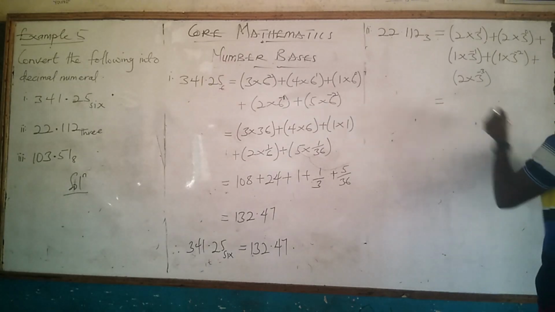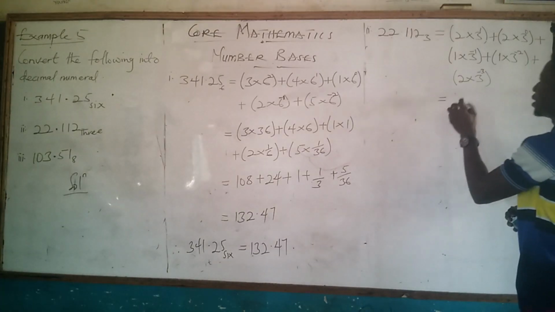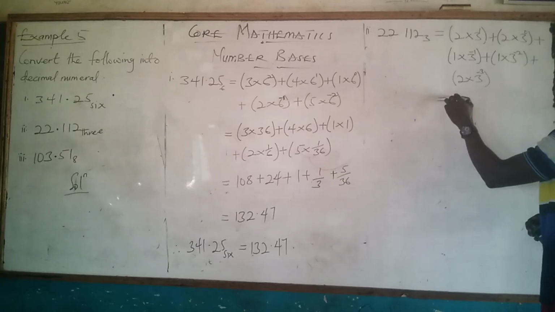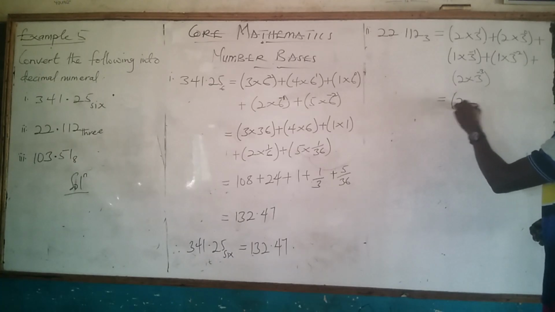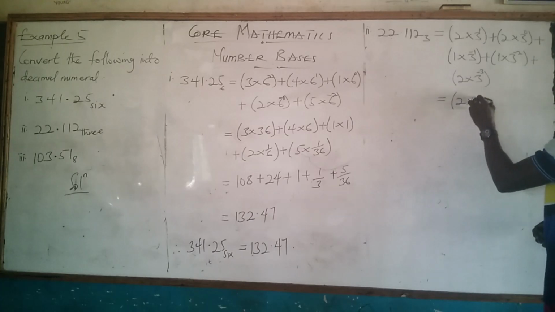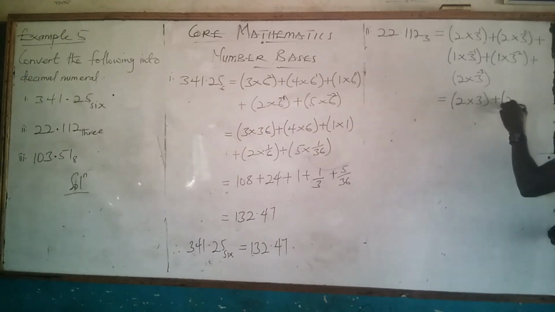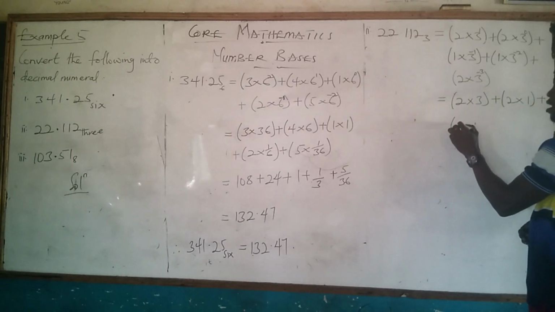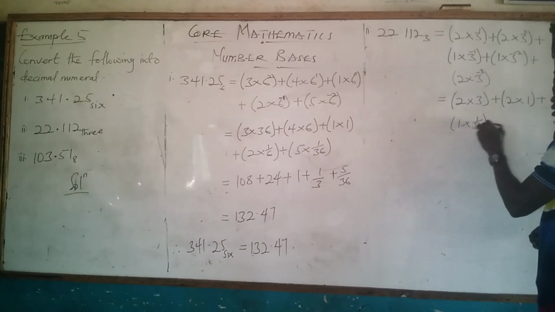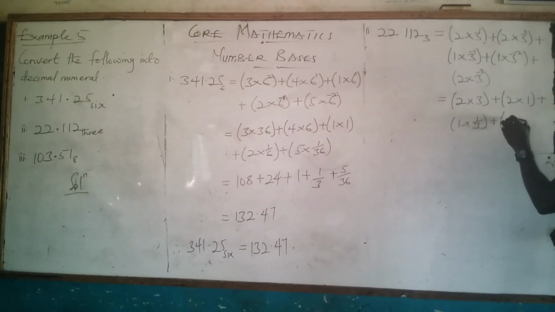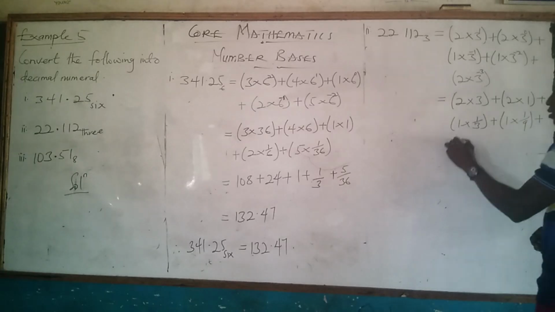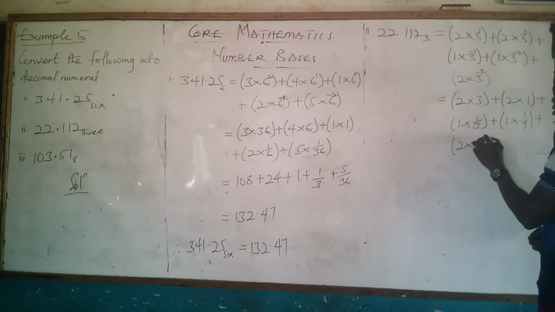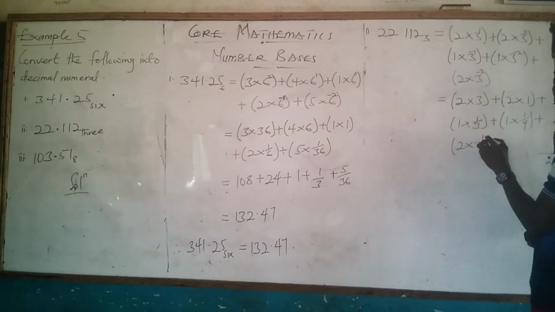So this one will get me 2 times 3 plus 2 times 1 plus 1 times 1 on 3 plus 1 times 1 on 9 plus 2 times 1 on 27.